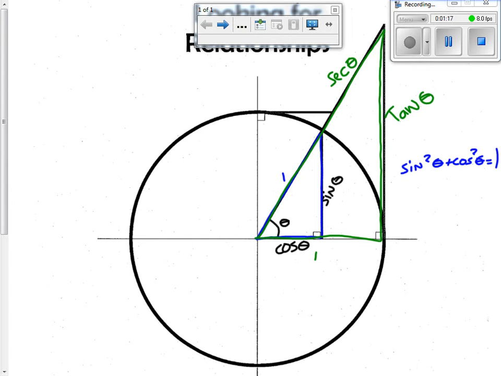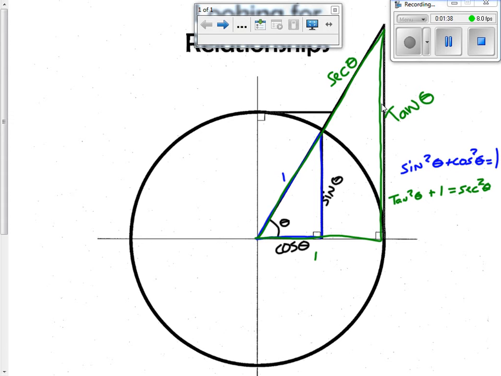So I can create another Pythagorean identity from that. That tangent squared theta plus 1 squared, which is 1, is equal to secant squared theta. And that, again, comes from just the Pythagorean theorem, taking a look at this particular triangle here in green.